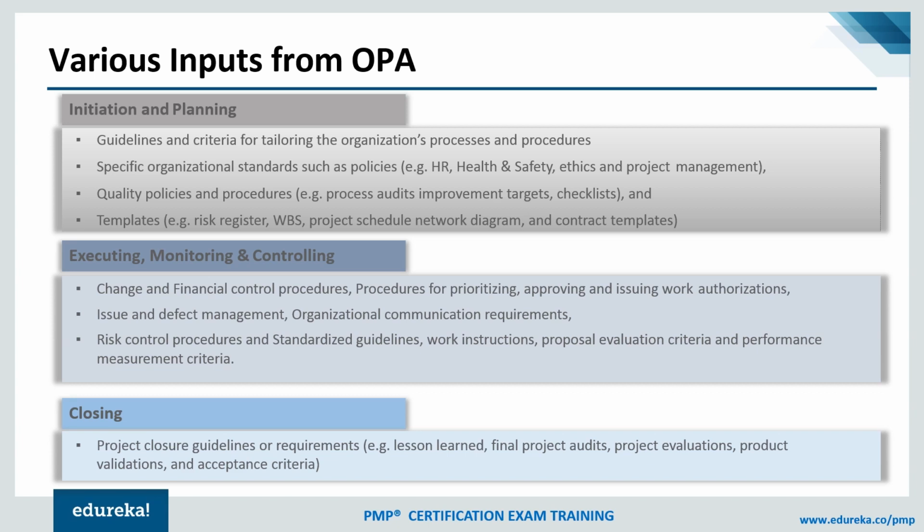You may have some audit improvement targets or checklists in the planning. You will also have to use these templates extensively. Remember we talked about the templates when we were talking about the PMO, the project management office or program management office. So the templates created by the PMO in the past, or maybe for the entire organization, will be a key input during your initiating and planning.